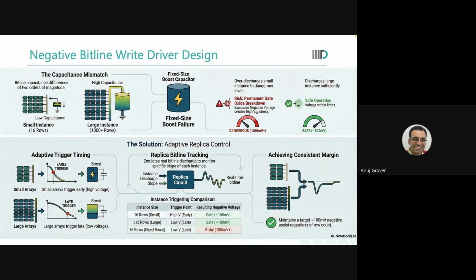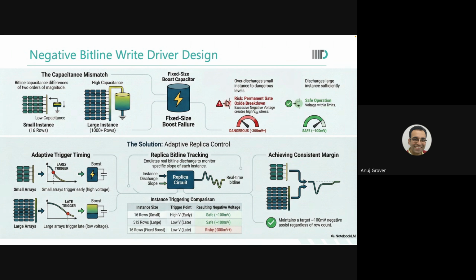So depending on how many rows there are in an instance, if you have a capacitance that would couple charge onto it, then for very small instances where the bitline capacitance is small, a lot of charge would be coupled on the bitline. And the bitline would go to a voltage level which is far below the safe limit for that particular technology.